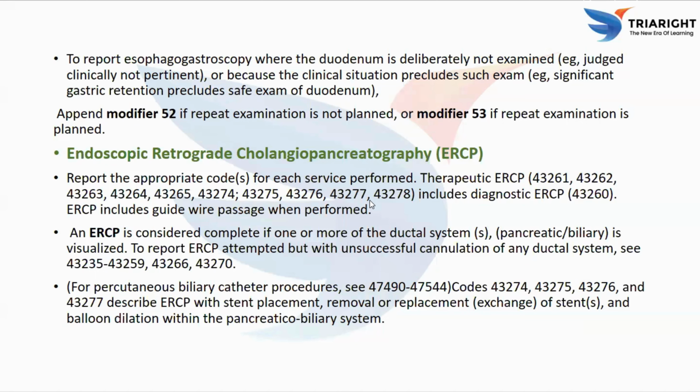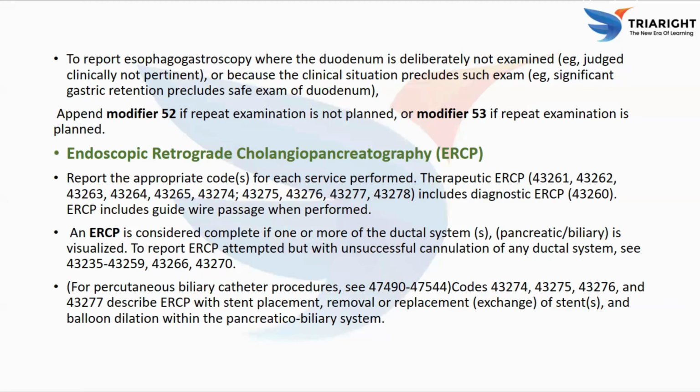Now how do we report this incomplete EGD? You append a modifier. Modifier 52 is for reduced services, where the duodenum is intentionally not examined and there is no plan to report the exam later. For example, EGD stopped at the stomach because a duodenal exam is not clinically needed.